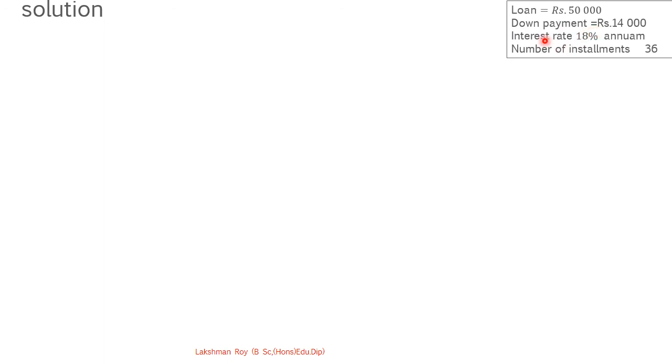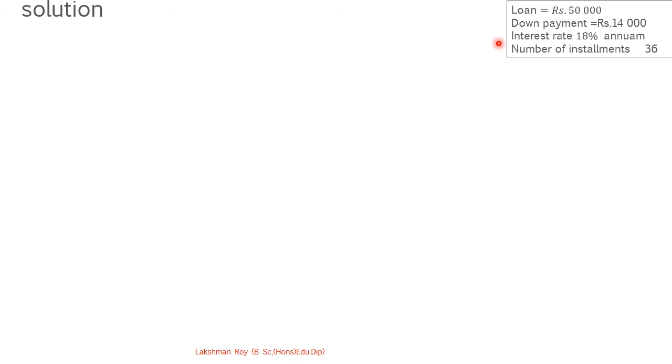Interest is calculated at the rate of 18% per annum in compound interest, and the number of installments is 36. So in the example they ask 8 questions, so finally you can find the value of the installment, right?